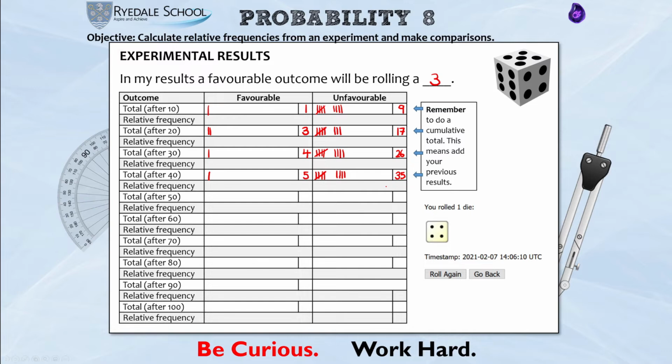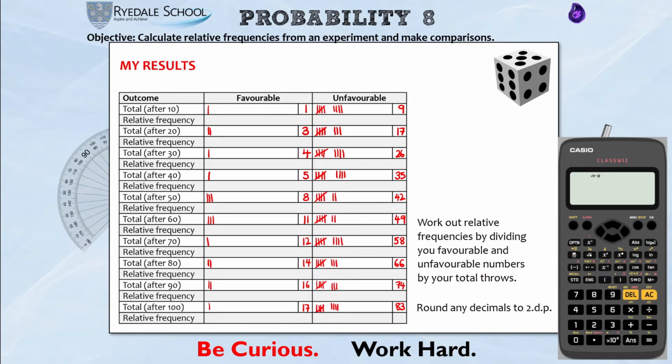So what I'd like you to do is complete this for your 100 throws, and then in my second part of the video, you will see the calculations that we need to do. So here I am, having now collected all of my 100 results, and I'm going to work out some relative frequencies.